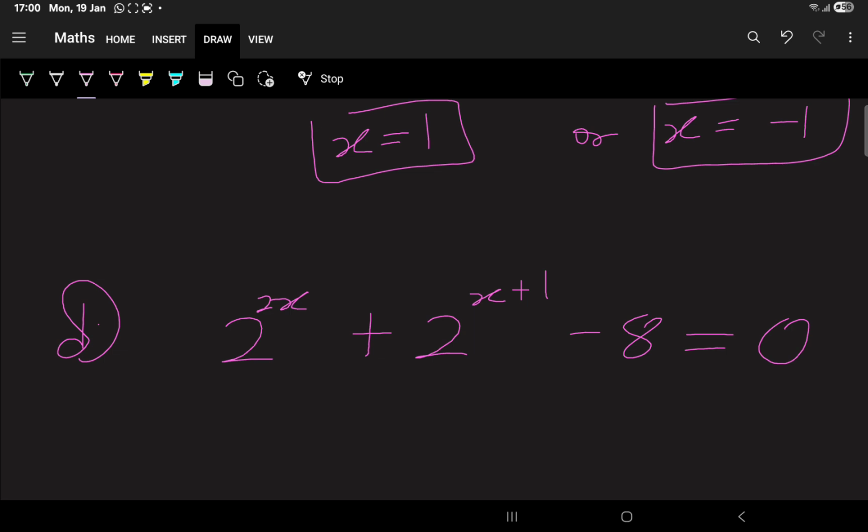So the answer here is just 1. x equals 1. This just has one answer, and the hint I'm giving here is this can be written as 2 raised to the power of x times 2, as explained earlier.